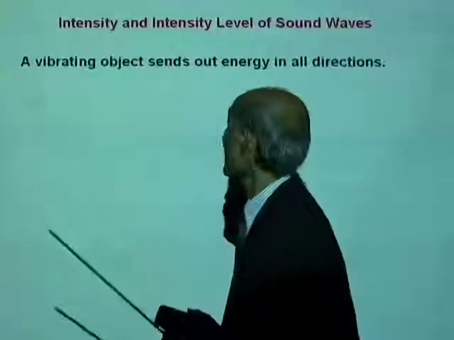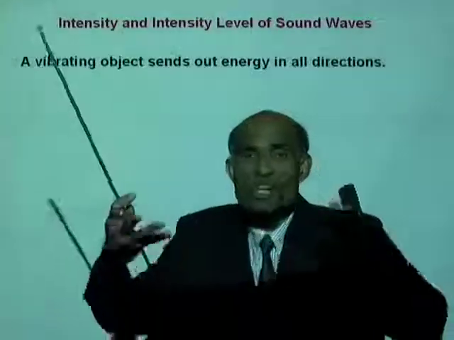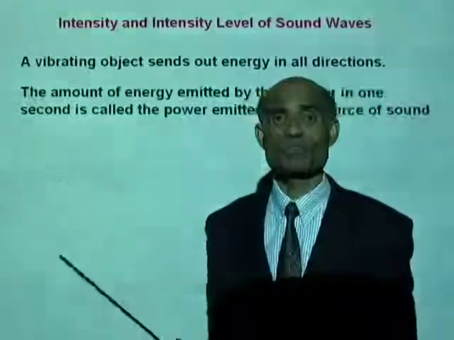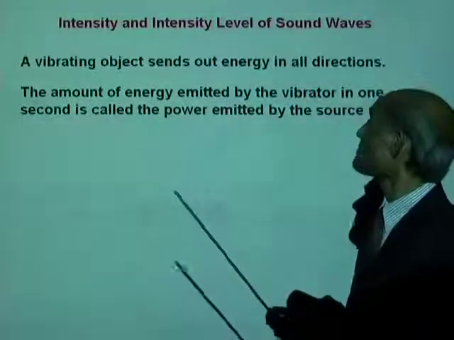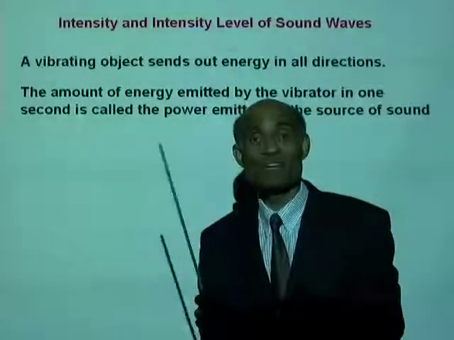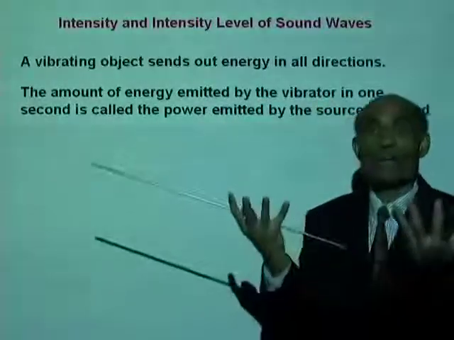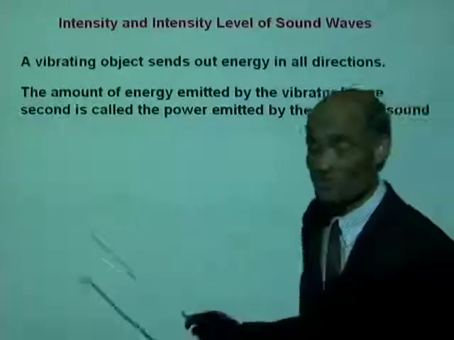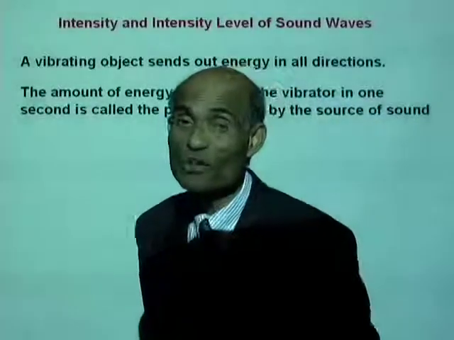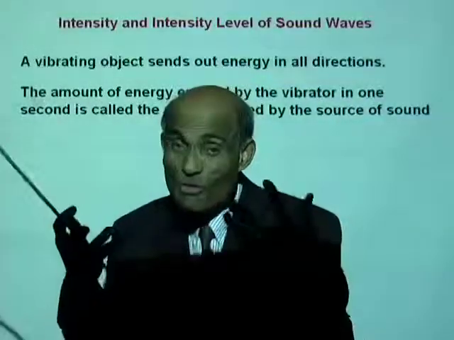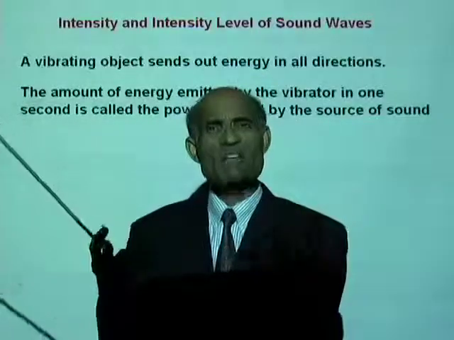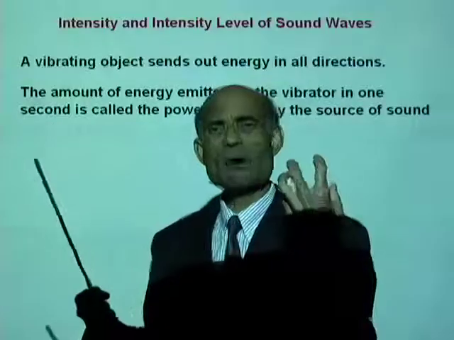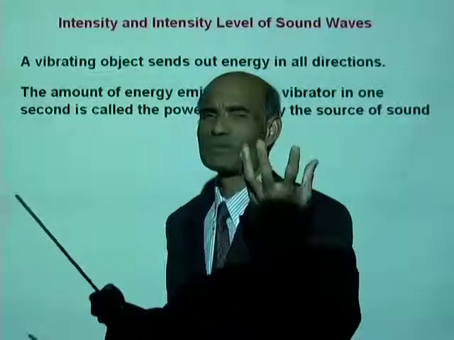A vibrating object sends out energy in all directions. The amount of energy emitted by the vibrator in 1 second is called the power emitted by the source of sound. Now, most of you know that you talk about the power of your loudspeaker, don't you? What does it mean when you say your loudspeaker has a power of 300 watt?